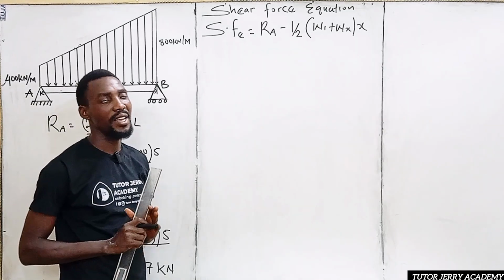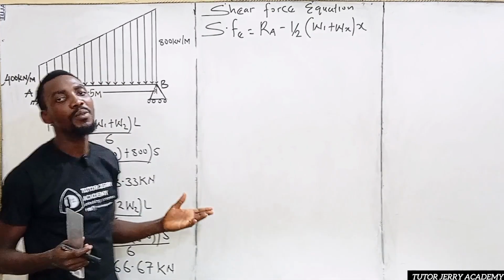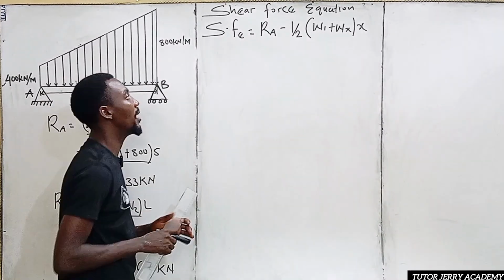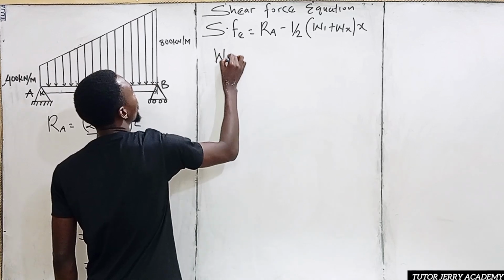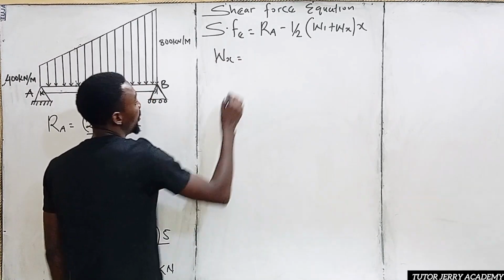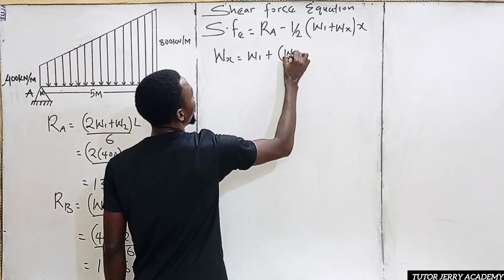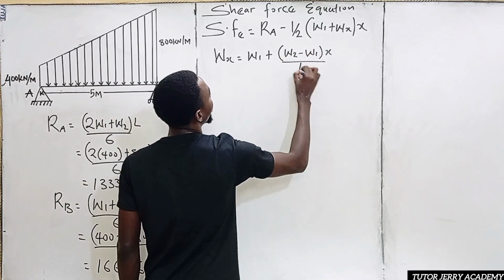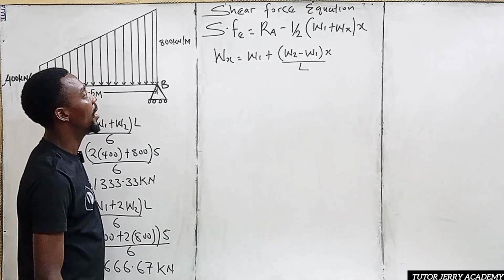If you recall, we derived an expression for WS: W subscript S is equal to W1 plus (W2 minus W1) multiplied by S, everything divided by L.